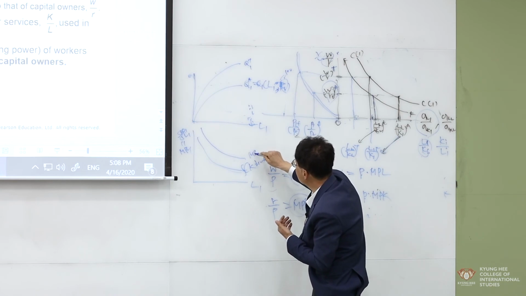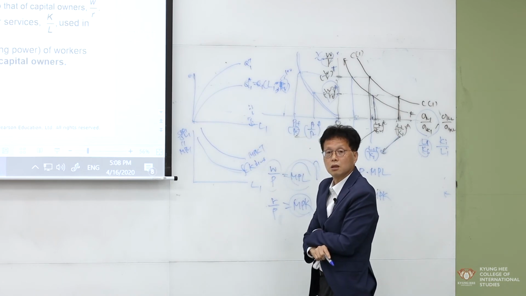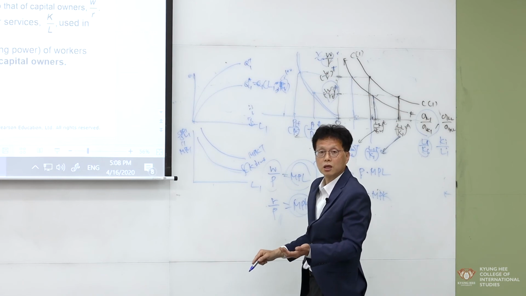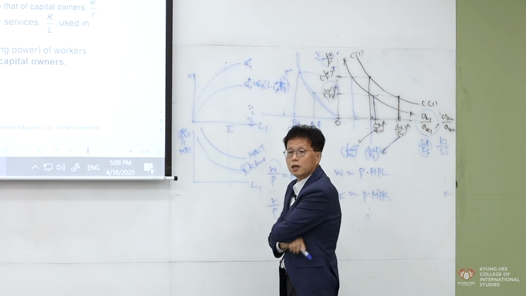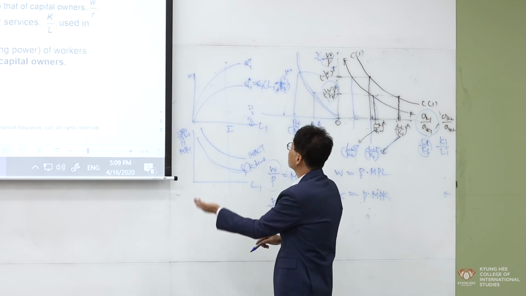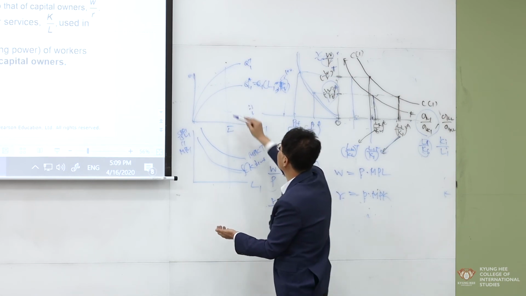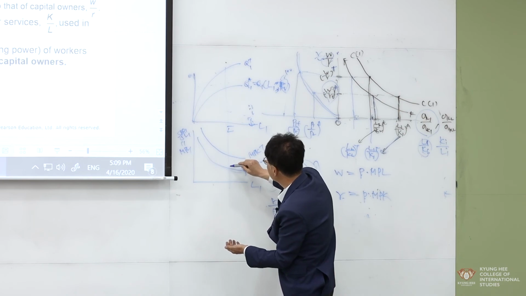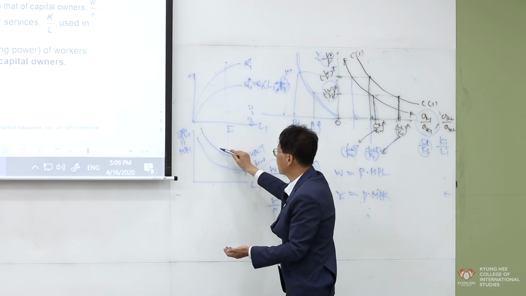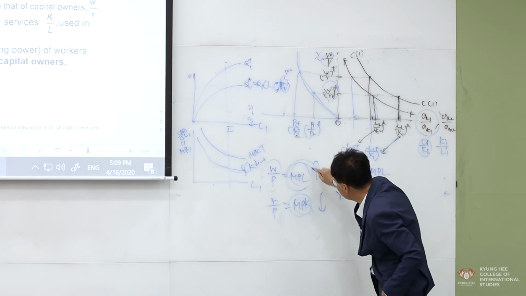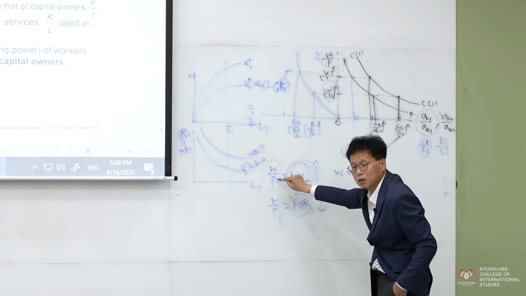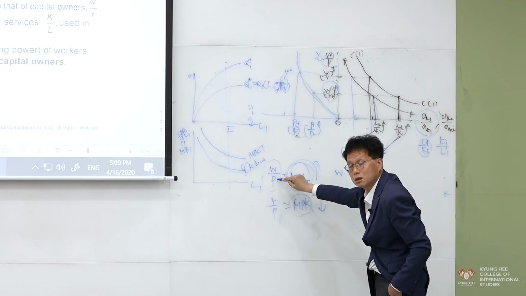That is MPLT. Anyway, all the labor supply, L bar, is employed in, for example, this sector. Then the marginal product of labor increases. Because of this, the real income of labor increases.